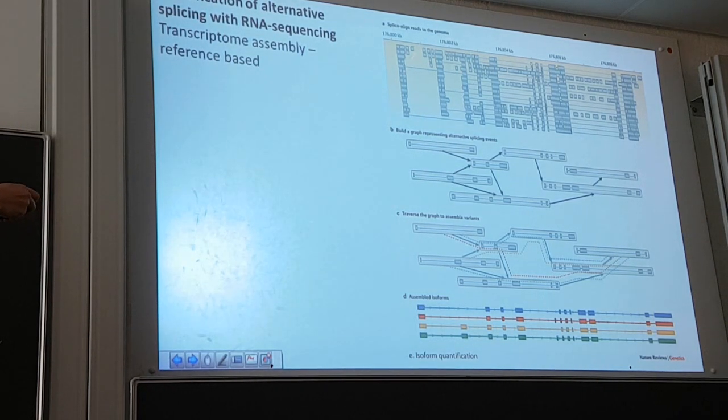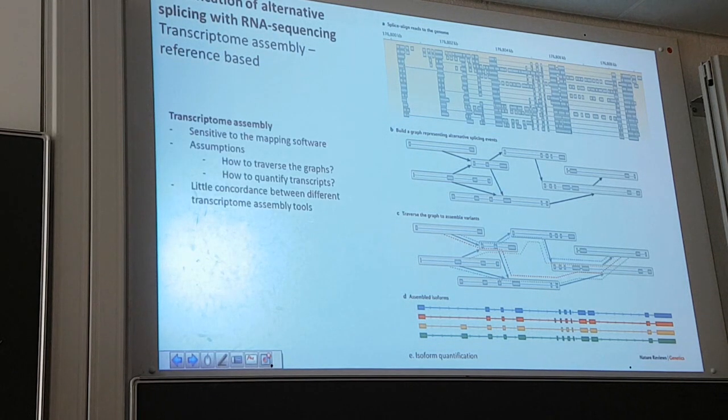You have your reads mapped to the genome, and you build a graph where a node represents a read, and an edge is when two reads have overlapping sequence. Then you traverse this graph to assemble the splice variants, and that usually takes a lot of assumptions. For example, people take the lowest number of isoforms that can explain this graph to get your assembled isoforms at the end, and then you can move on to isoform quantification.